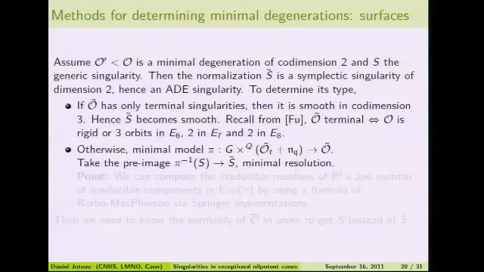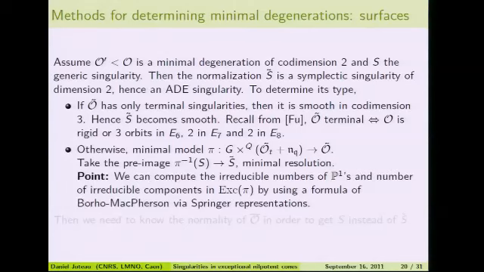And now the point is to identify the singularity. So there is a formula by Borho and MacPherson to tell you the number of P1s in the fiber. But then you can have some monodromy. So if you look at the exceptional locus, some P1s might turn out to be in the same component of the exceptional locus of pi.